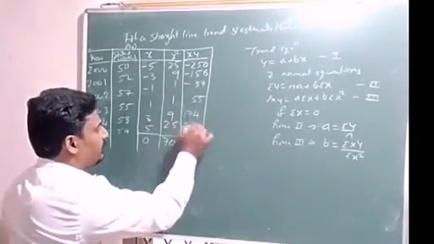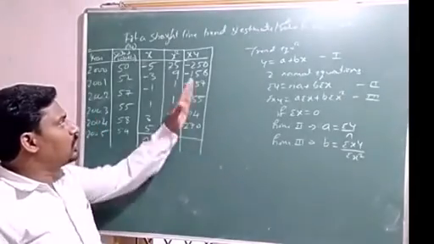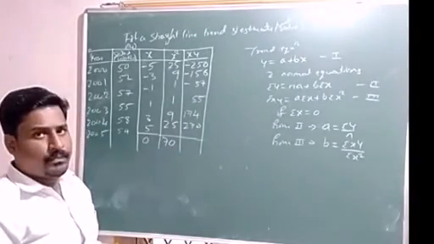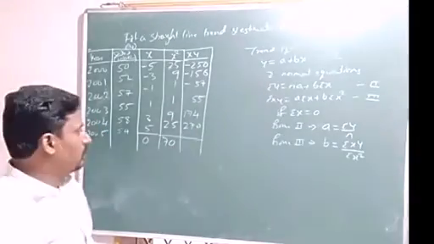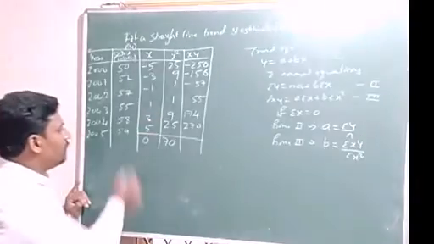Okay, now make the total of the xy column and the y column. The x column total is 0.